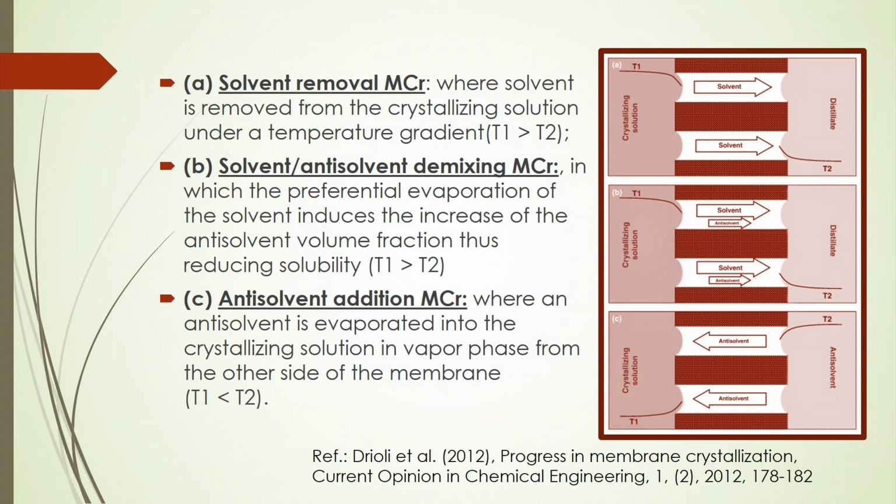Whereas solvent or anti-solvent demixing by membrane crystallization is also possible, in which the preferential evaporation of the solvent induces the increase of the anti-solvent volume fraction, thus reducing solubility. Whereas in anti-solvent addition, an anti-solvent is evaporated into the crystallizing solution in vapor phase from the other side of the membrane.